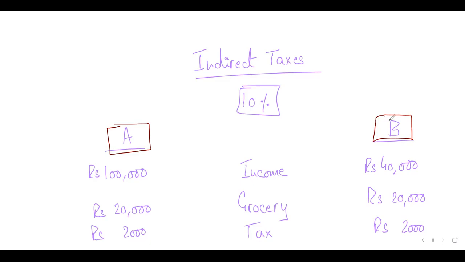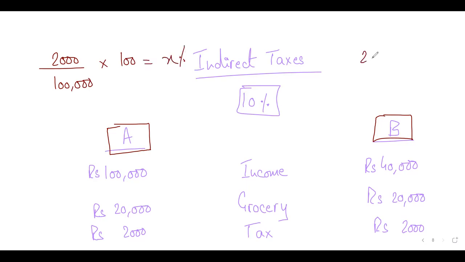So out of A and B, which person paid a greater proportion of his income in taxes? That's a simple question I'm asking. If the tax amount is the same, you have incomes mentioned for the two people. So if you calculate 2,000 as a percentage of his total income, which is 100,000, times 100, whatever that amount would be, X percent.